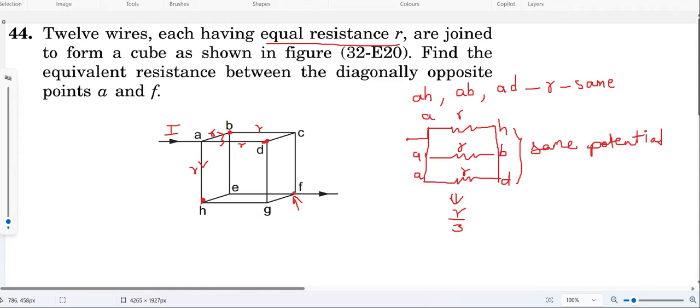So again, all the branches have same properties. Obviously, again, I have to consider CF, EF, GF.